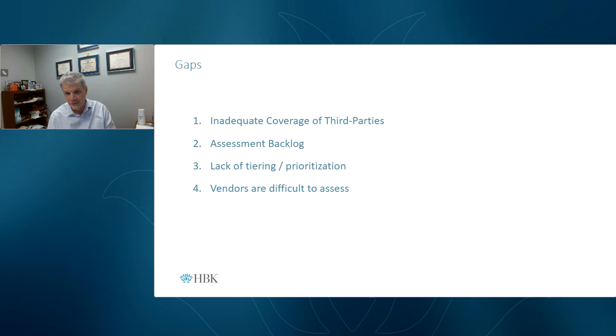Maybe you're only going to assess your high risk vendors. Say you've got 100 vendors, I'm just pulling a number out, but only 10% of them are high risk. If you only have to assess 10 vendors versus 100, you're making progress, and all of a sudden your backlog isn't as big as you thought it was. So those are some of the gaps you have to keep in mind.